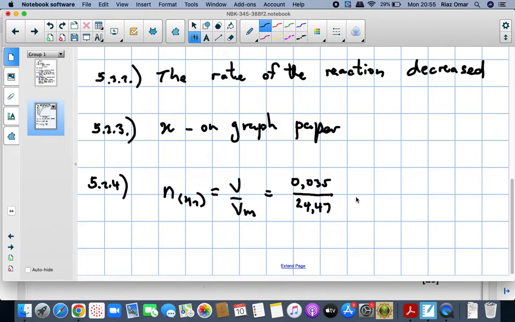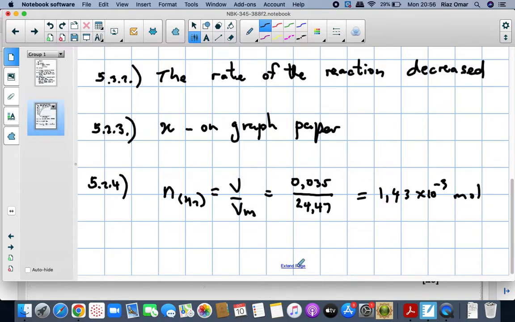And then if you work that out, we'll see that 0,035 divided by 24,47 will give us number of moles 1,43 times 10 to the power minus 3 mole. Okay, that's what's given.